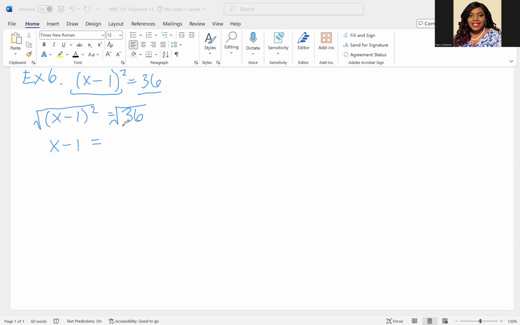Now, when we come over here to take the square root of 36, that is going to be plus and minus 6, okay? So since we have x minus 1 equals plus and minus 6, we have to break this into 2 separate problems so that we can figure out what our 2 x's are.